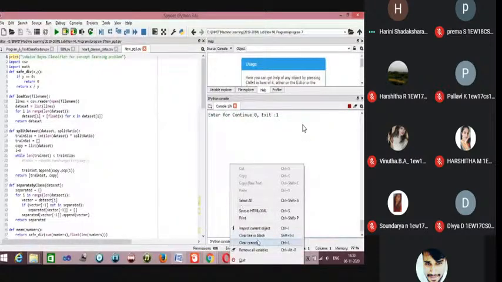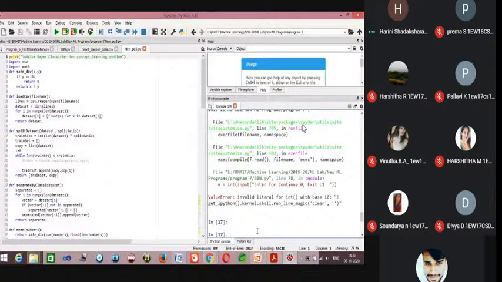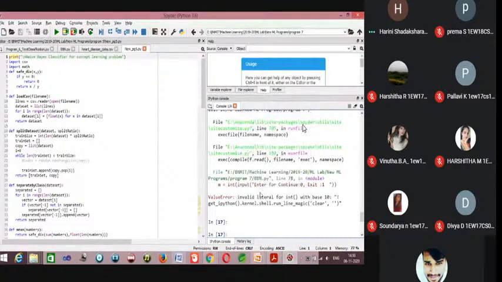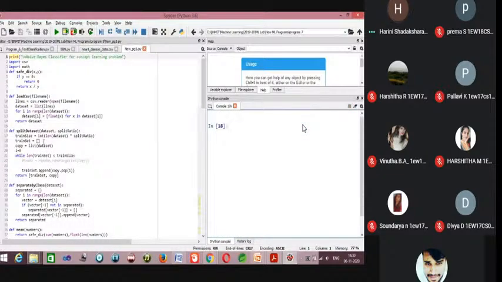Let me clear this console. Okay. Fine. What are we doing now? We are implementing a naive Bayes classifier for a concept learning problem. You can apply this for a play tennis example also.